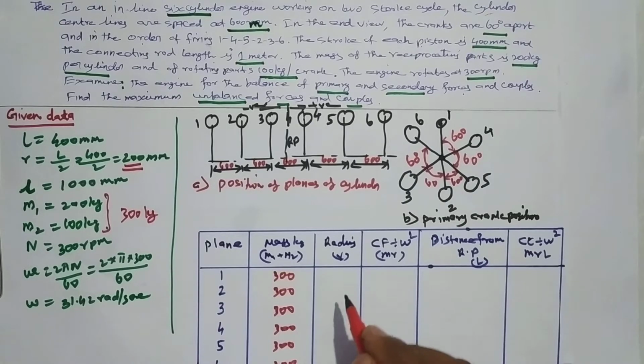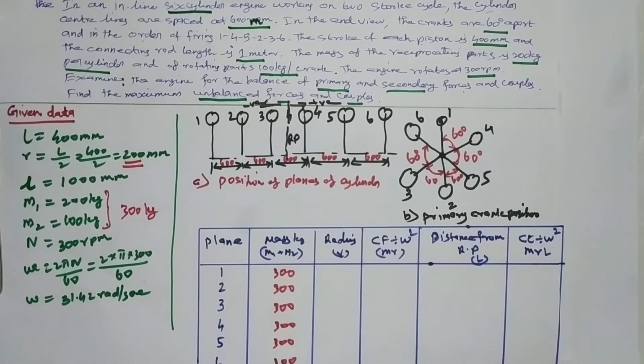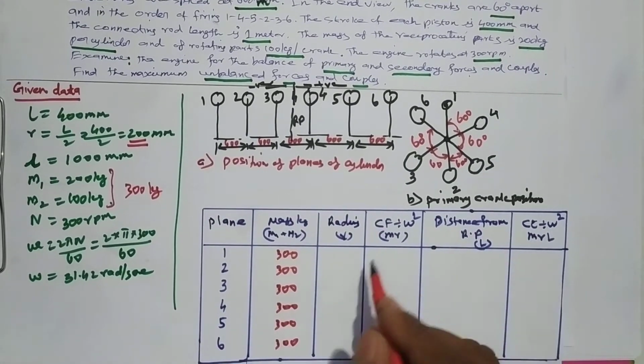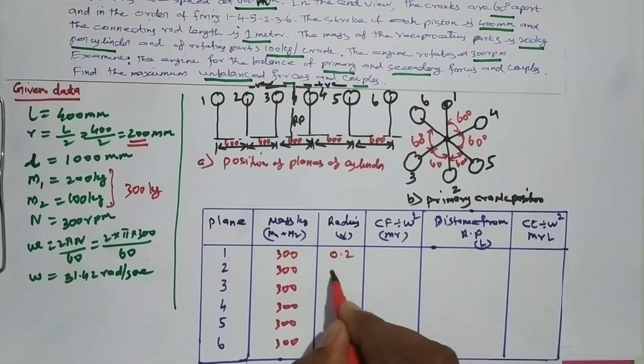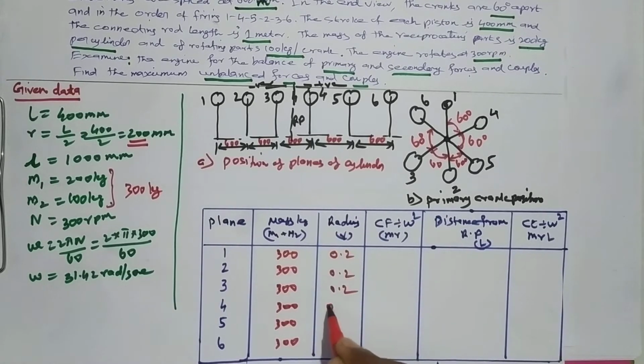You substitute it here as 0.2 meter for all six planes.